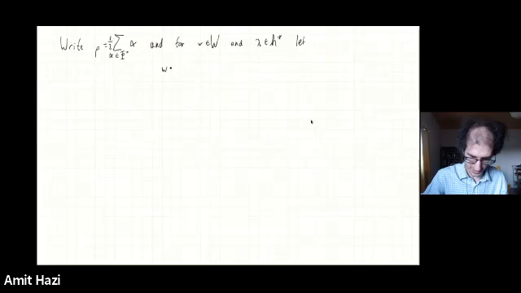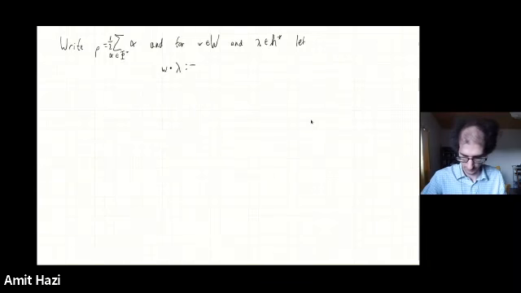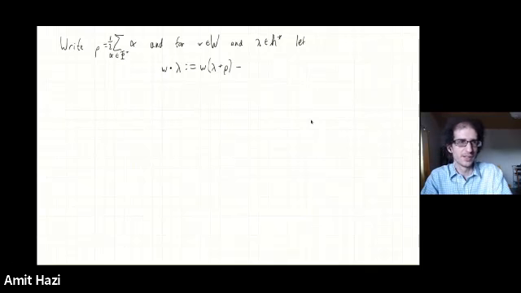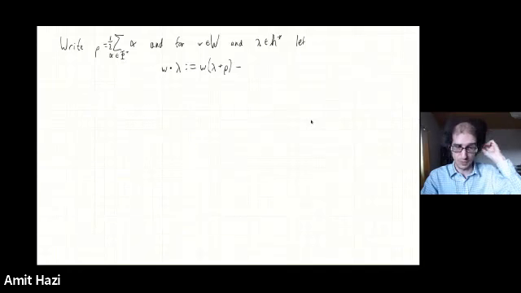And the way it works is w dot lambda is defined to be equal to w applied to lambda plus rho, minus rho. So in other words, it's the same action, but you shift the origin to minus rho.